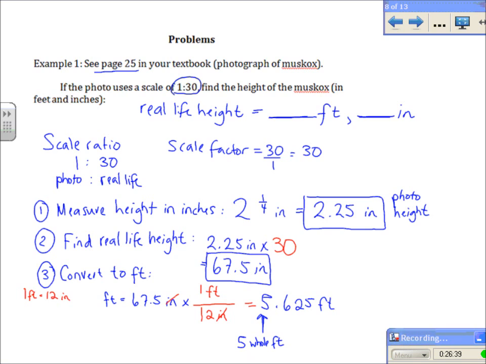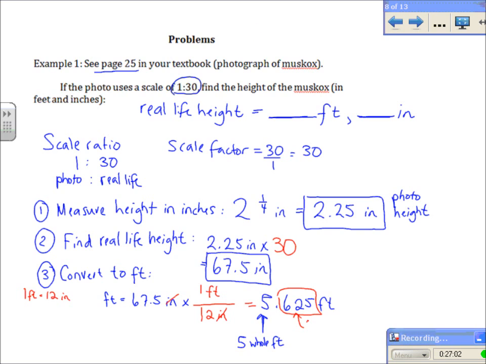The imperial system generally uses whole feet followed by inches. So it doesn't report an answer like this, 5.625 feet. Instead, it tells you the whole feet, and then it takes that last little part here, 0.625, and we're going to convert that back into inches.